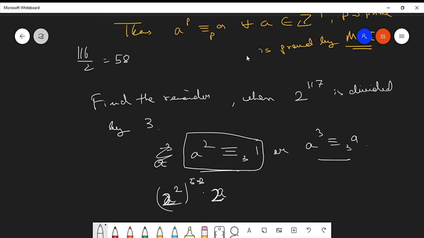This should be congruent to 1 times 2 modulo 3 because a square is 1 mod 3. So from here we get that this is congruent to 2 mod 3.